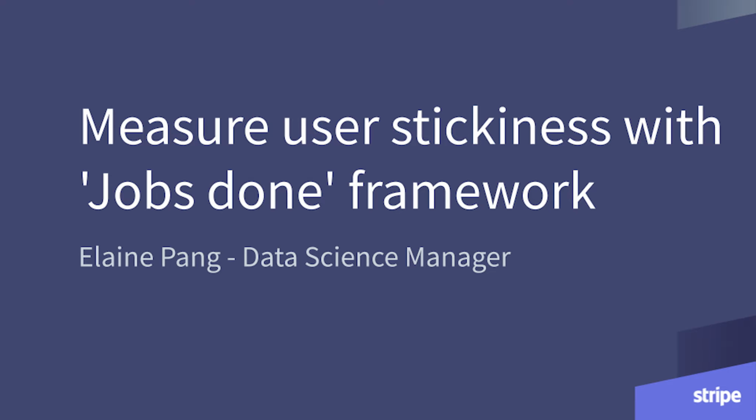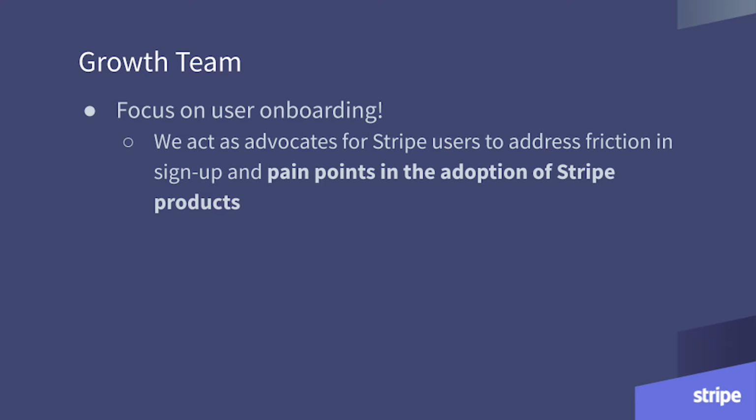My name is Elaine, and I'm part of the growth data science team here at Stripe. My team mostly partners with growth product and marketing team, focusing on user onboarding problems. So we're trying to reduce the friction users experience when they're onboarding to Stripe, and also educate them about the products that Stripe offers.